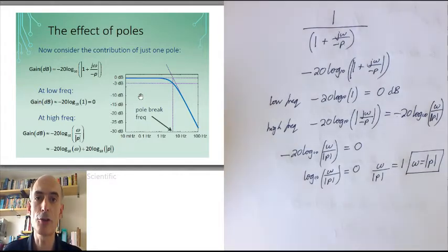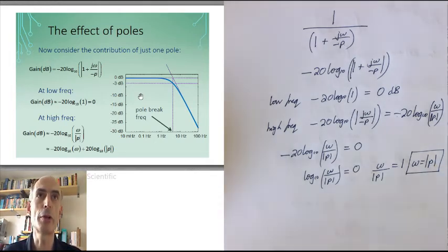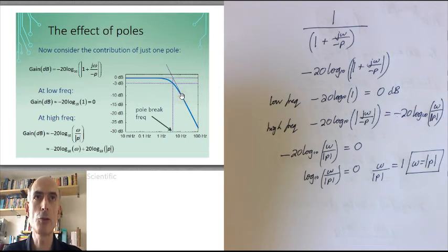And again, just like in the case of zeros, for frequencies a long way below this break frequency, the pole has no effect at all. For frequencies a long way above this pole frequency, the pole's effect is to drop the gain by 20 dBs per decade.